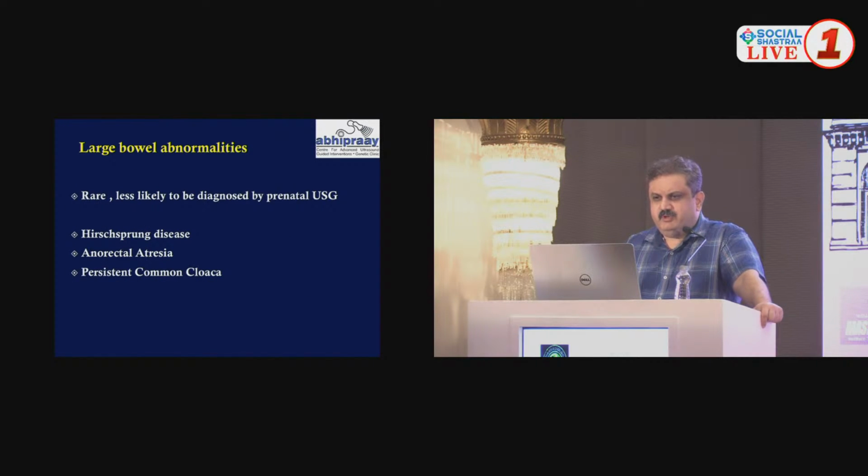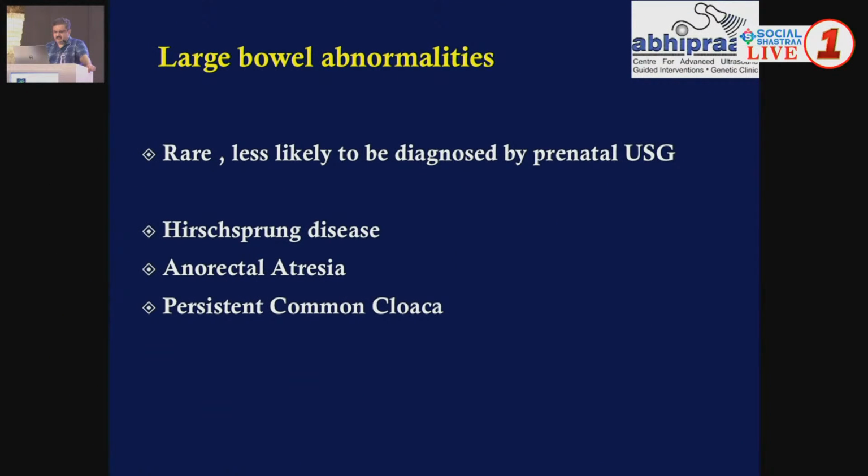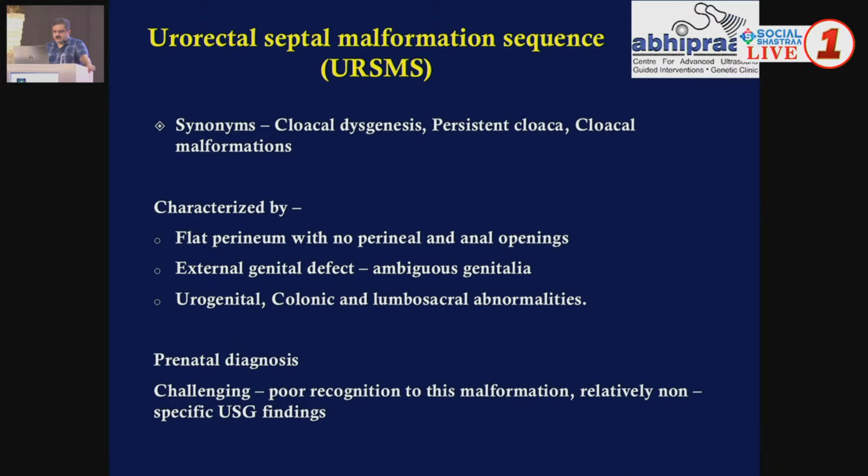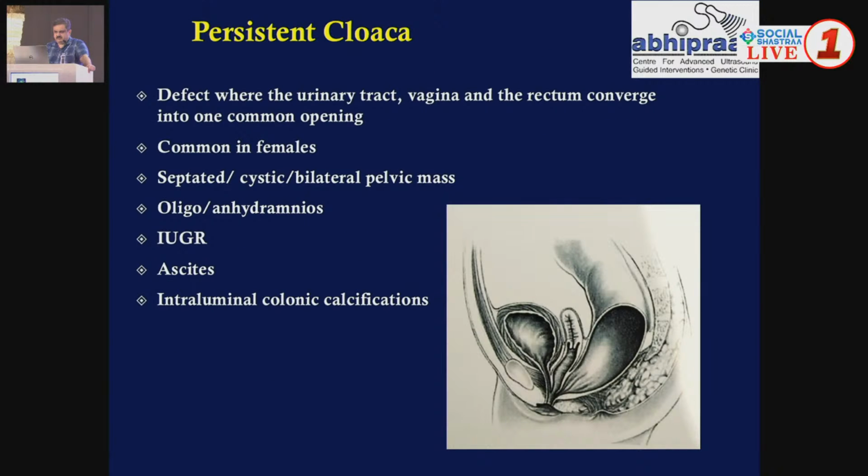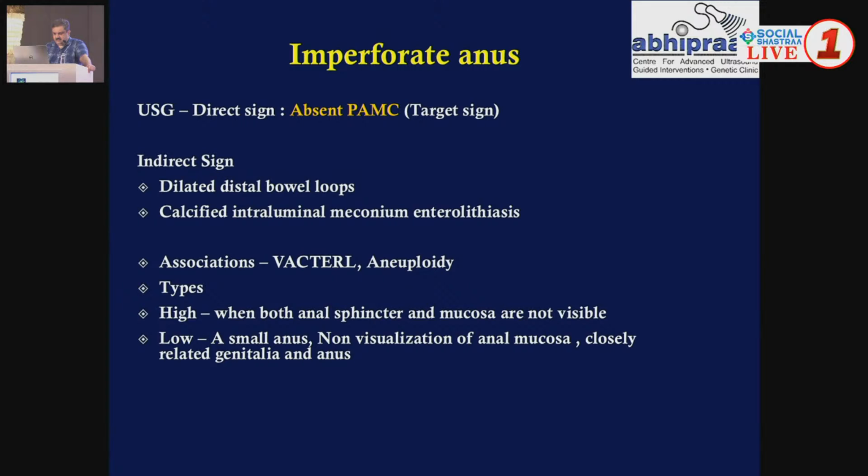Well, large bowel abnormalities are less likely to be diagnosed and are even rare. You have the urorectal septal malformation sequence, and you have the persistent cloaca where you will have a bicystic structure, and because of chemical mixing, you will have a lot of echogenic material in the fetal abdomen.